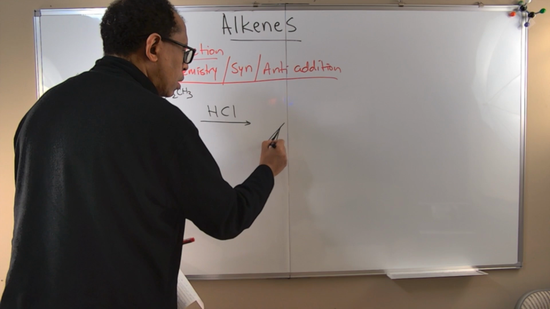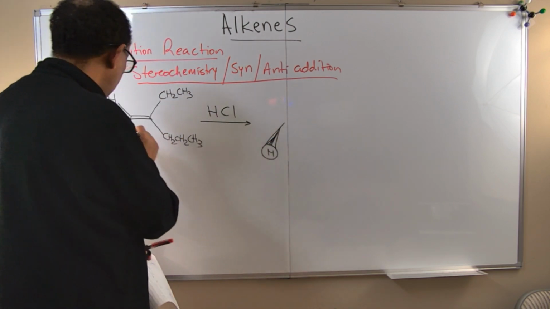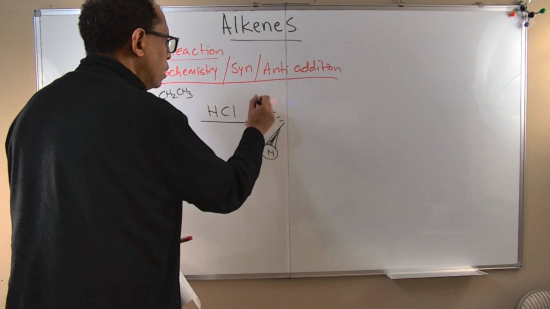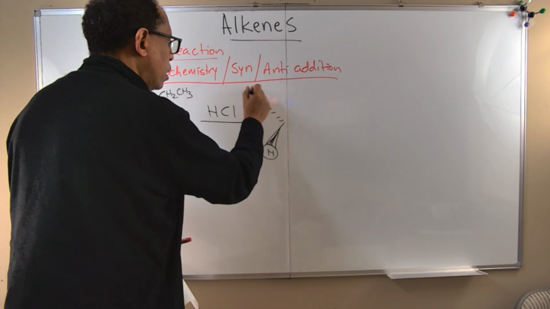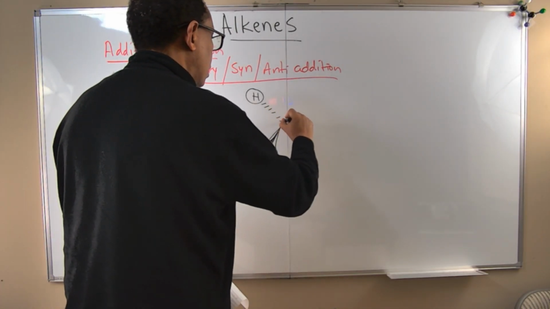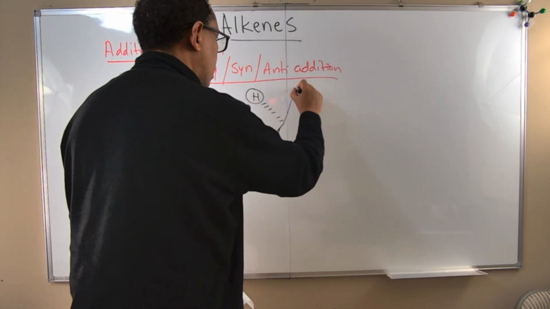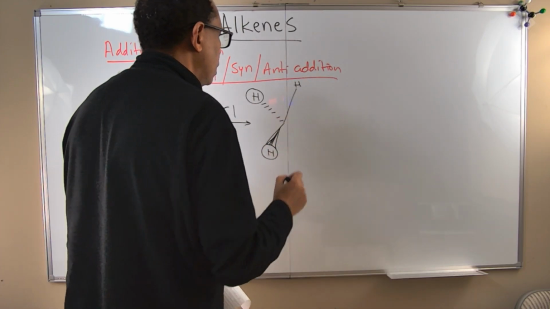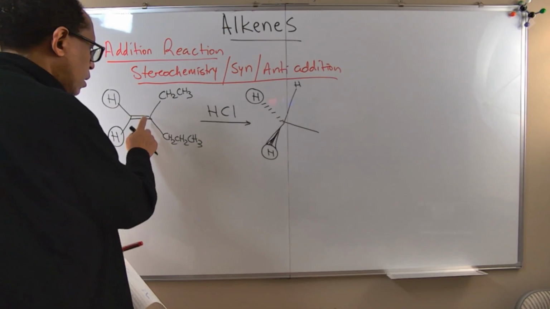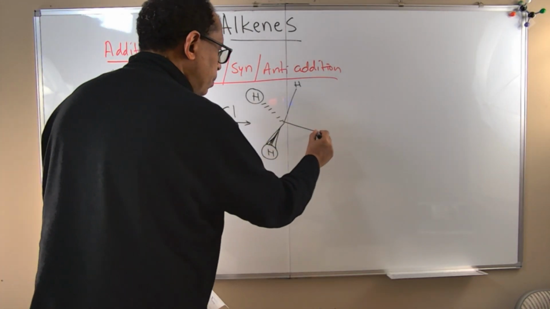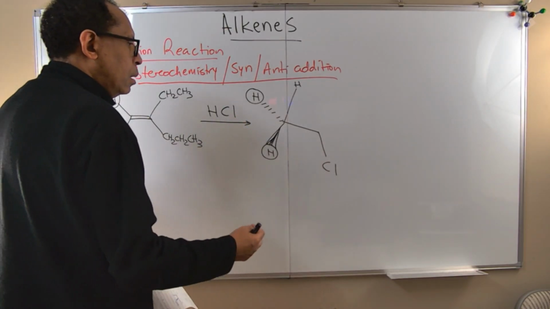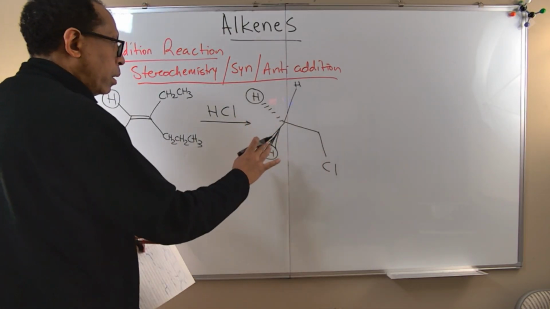This is H, this H is this one right here, but the other one would be just this hydrogen. This is what is being added, and Cl would come here from bottom, and this is actually anti-addition.